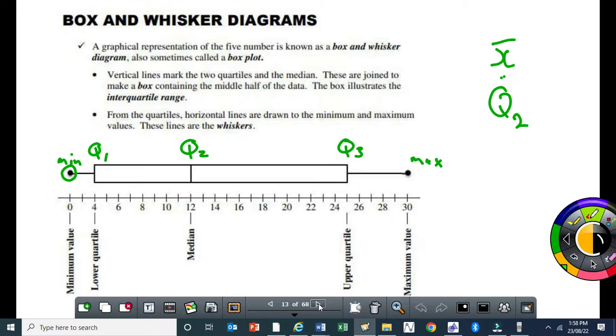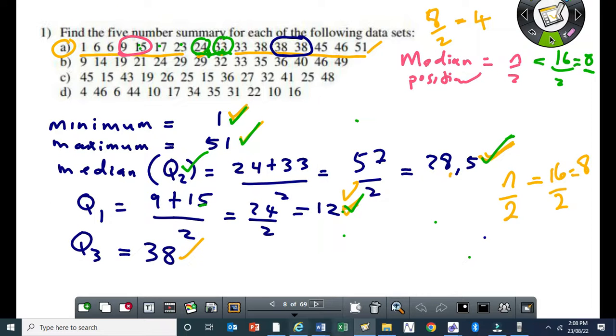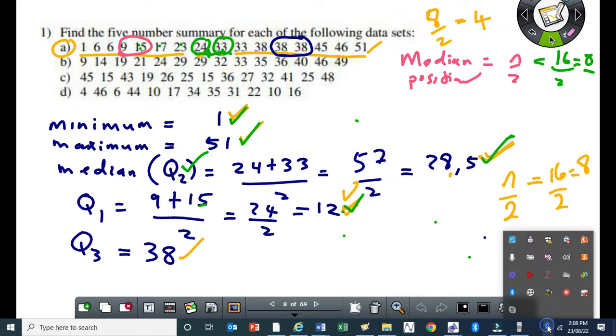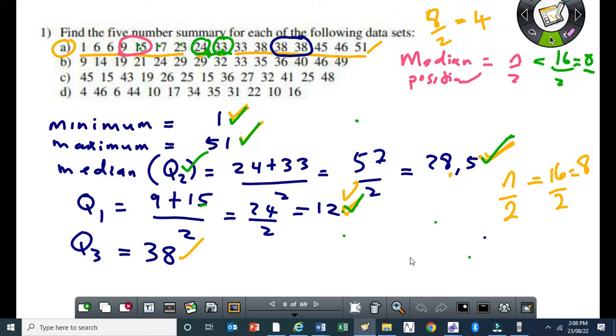Then the box and whisker plot. Now this is important. I'm going to talk about this just now. All right. Earlier we found the 5-number summary for this data set for 1A.